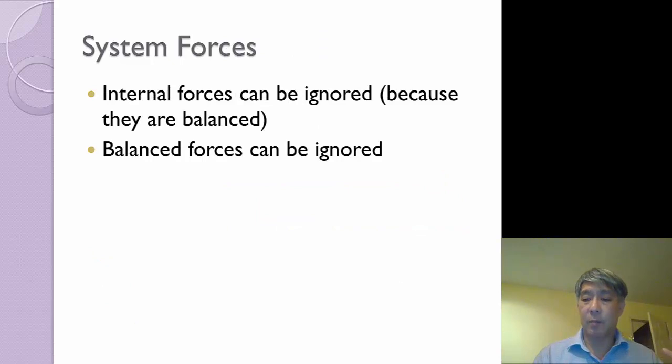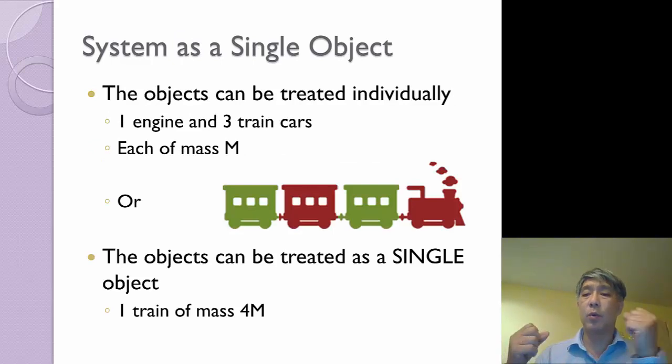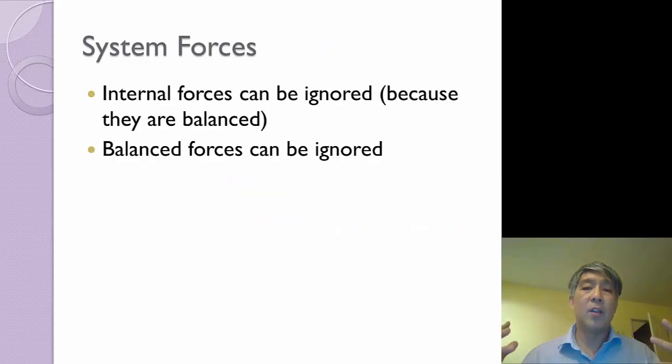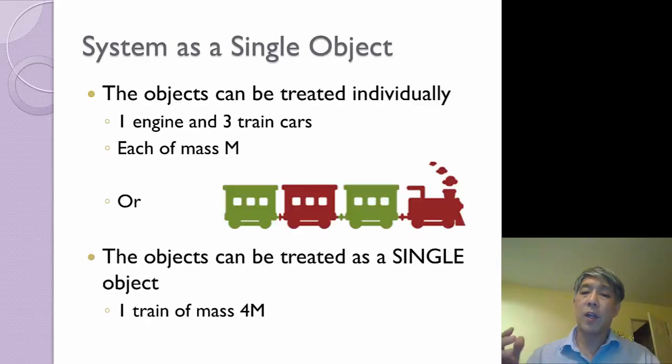And because I can treat it that way, I can ignore the internal forces, the forces between the engine and the first car, the first car and the second car, and the second car and the third car. The reason I can ignore them is because there's a Newton's third law pair in operation between these cars. Yes, the engine pulls the first car, and the first car pulls the second car, which pulls the third car.